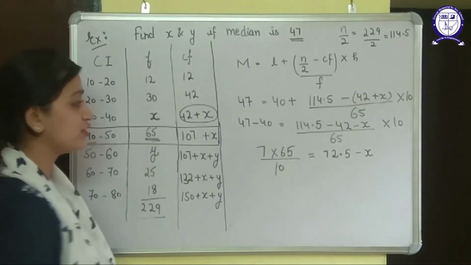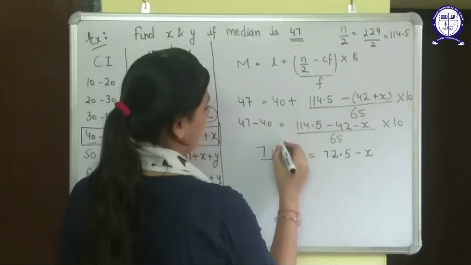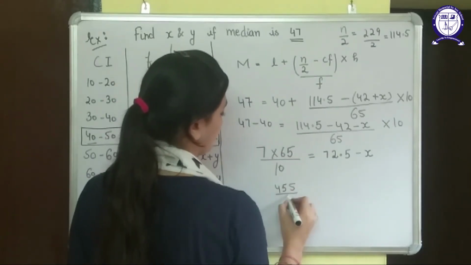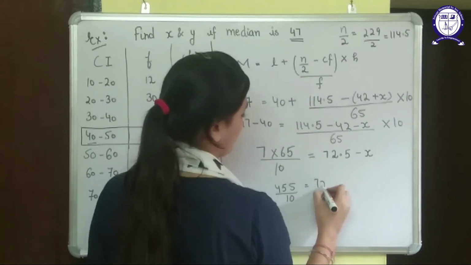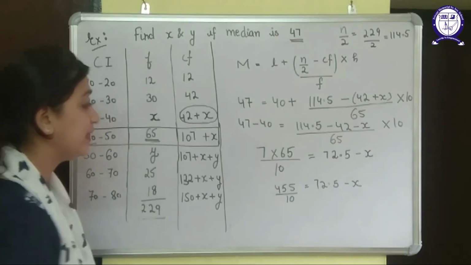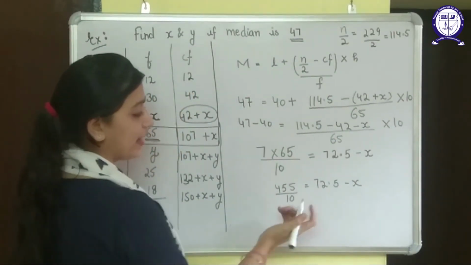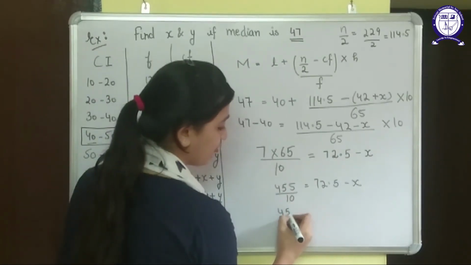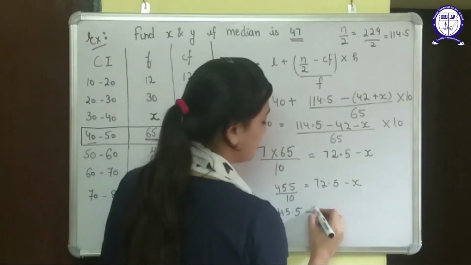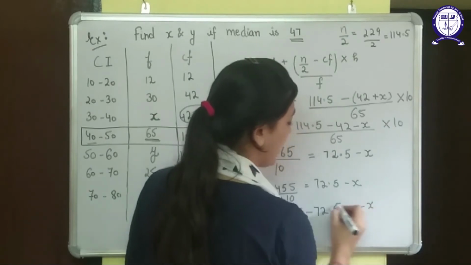Okay, now I can solve it. 7 5s are 45.5. I can remove this 10 and put a point. I can take 72.5 on this side, it will be minus 72.5, and it will be minus x.